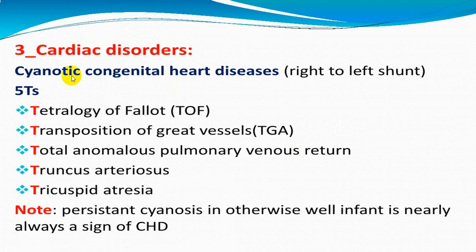As far as the cardiovascular system is concerned, we always use cyanotic congenital heart disease, which are mainly right to left shunt. Classical example TOF, we call it tetralogy of Fallot, transposition of great vessels, total anomalous pulmonary venous drainage, truncus arteriosus, tricuspid atresia, and also ectopia cordis.